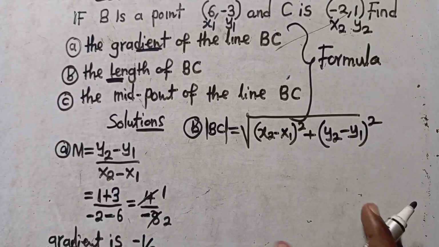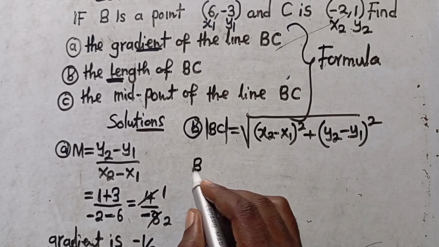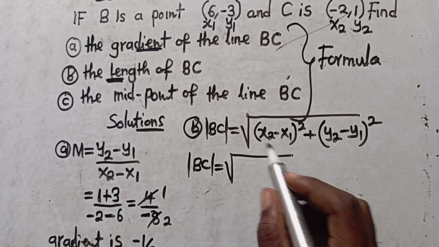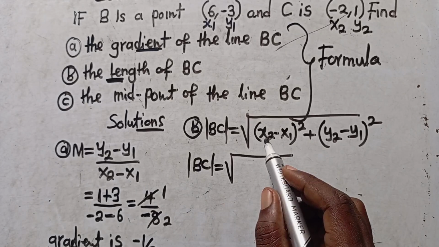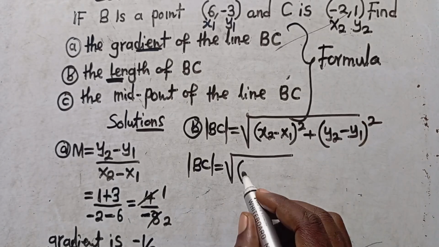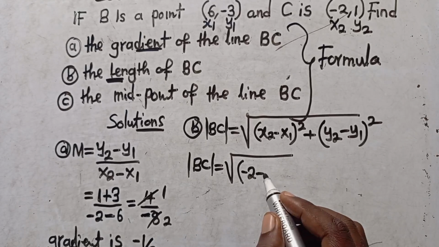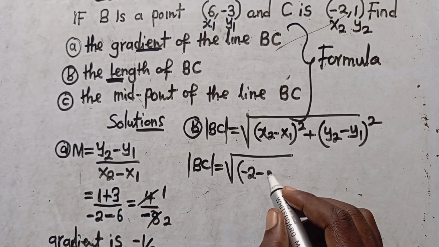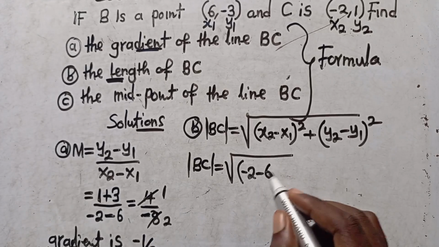I just substitute into this formula. BC is equal to: what is x2? x2 is -2, minus x1, that is 6. So I put a 6 there.